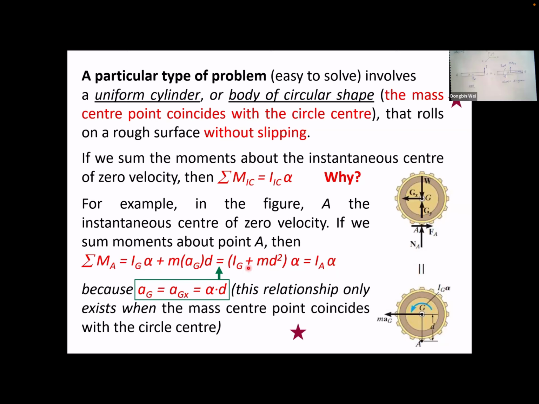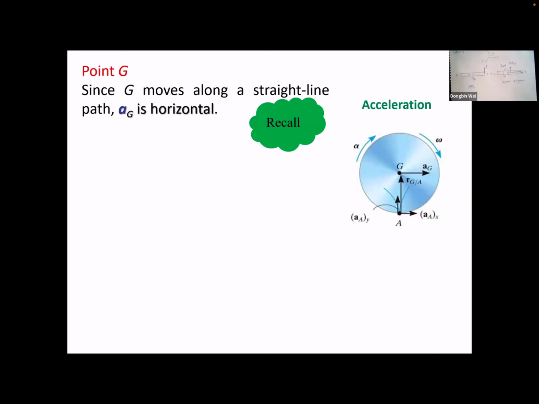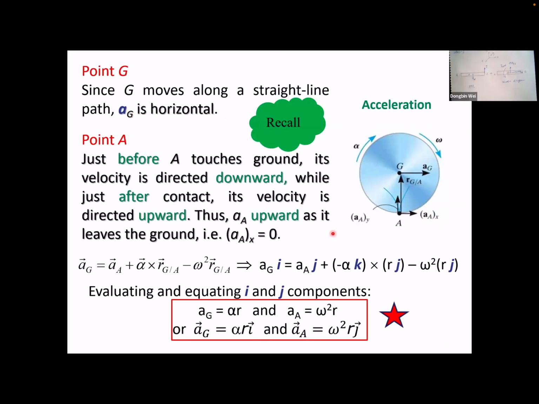And when we rearrange this, we will need this equation. AG, actually AGX, because in this case you can see AGY should be 0, so we only have AGX. AGX is equal to alpha times the distance from G to A. Why do we have this? Probably you still remember this.